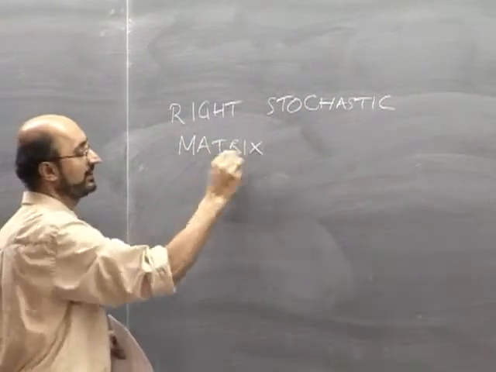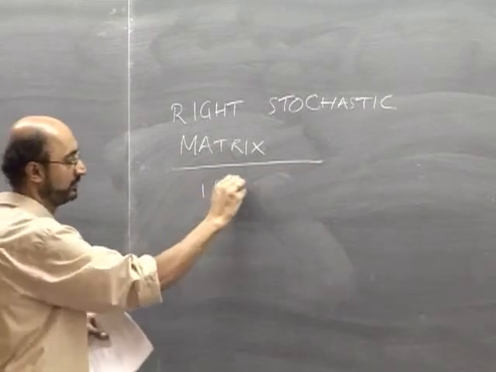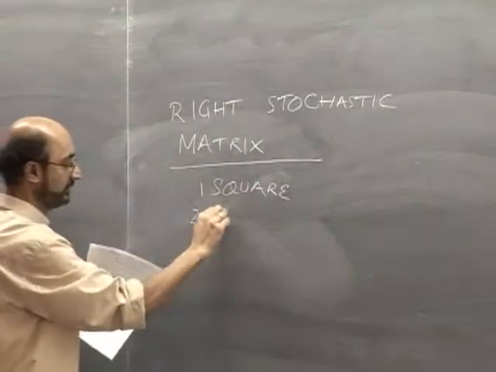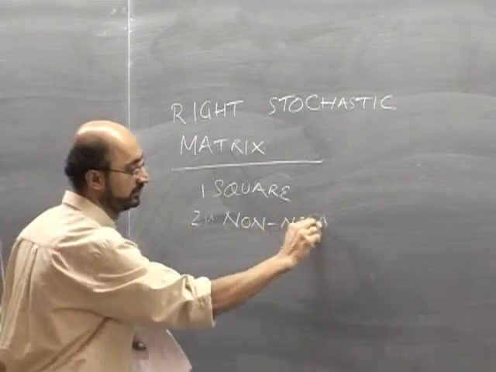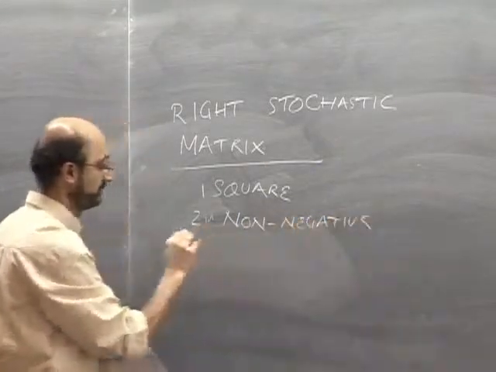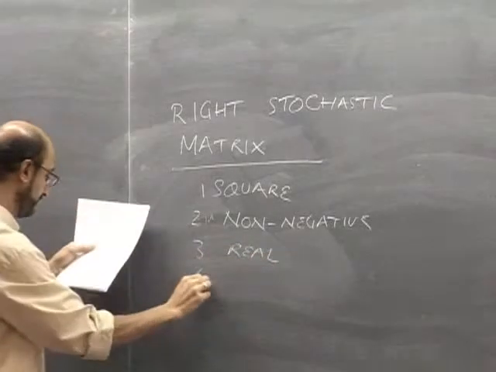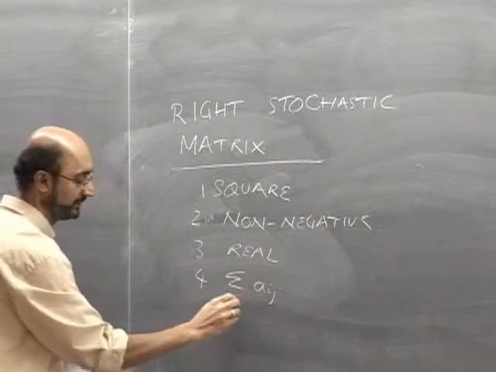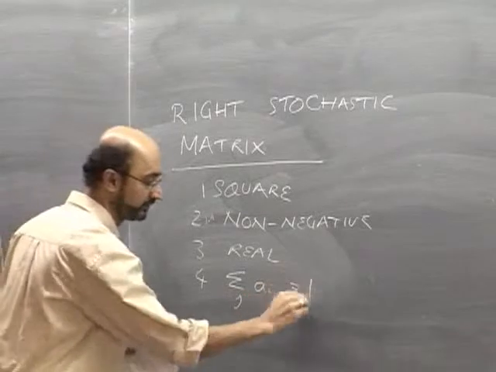And a right stochastic matrix has the following properties. One is that it is square. Second, it is non-negative. Third, it is real, so no complex entries. And fourth, the sum of the Aij summed over the row entries is equal to 1.